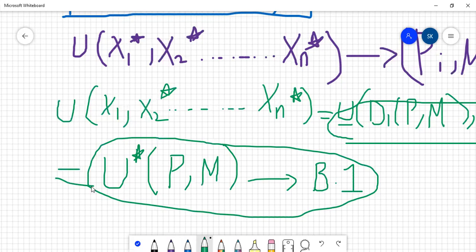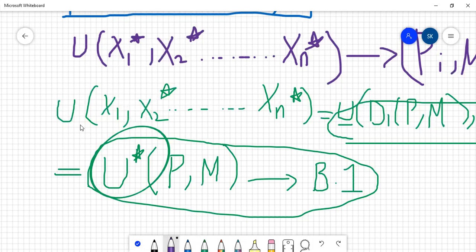Now this U star, let's study the interpretations. U star is known as the indirect utility function. Our main topic is about the indirect utility function, and this U star is the indirect utility function. Why?